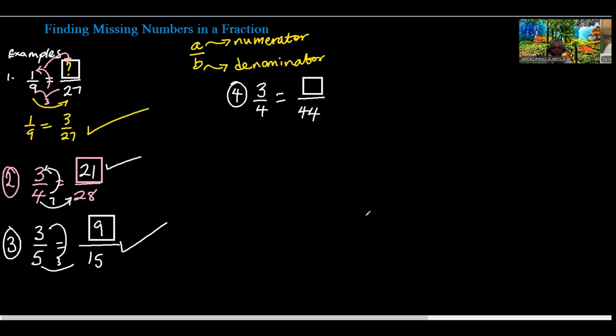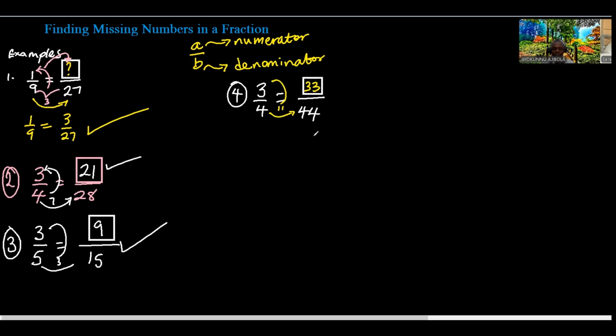So what do you think the answer should be? It'll be 33. That's correct, because 4 times 11 gives 44, then 11 times 3 is 33. That's correct.